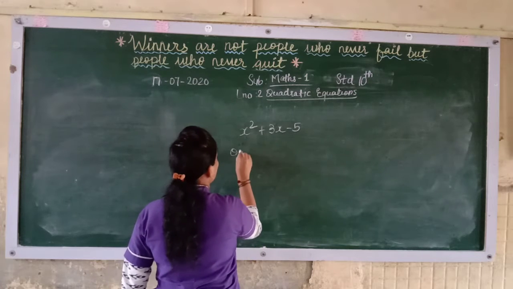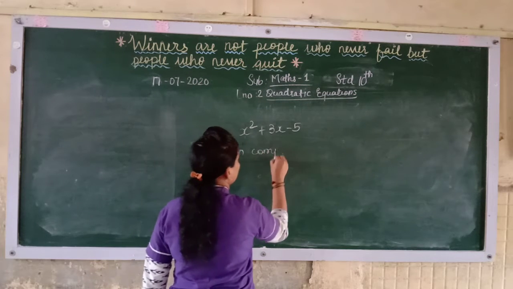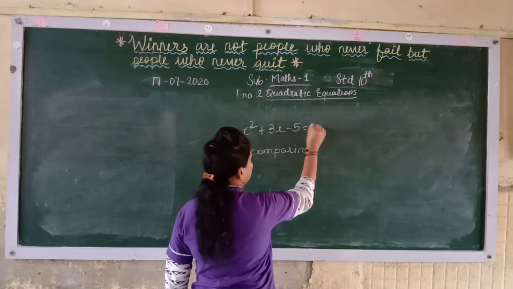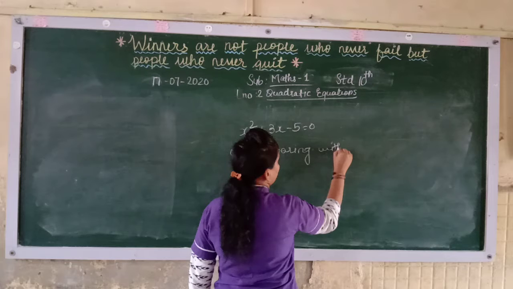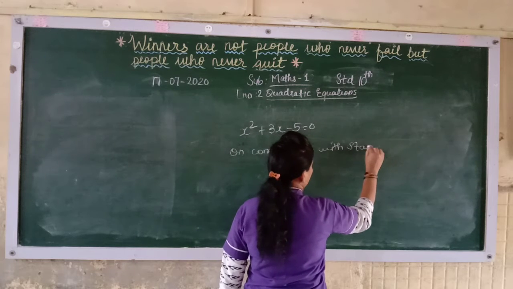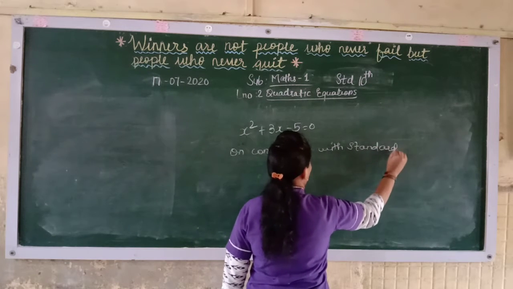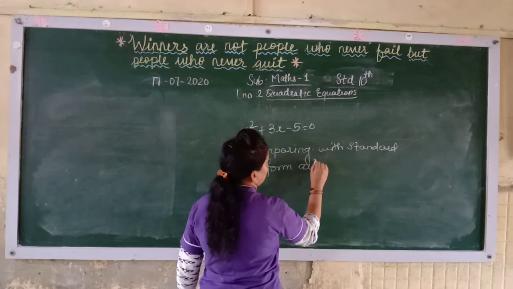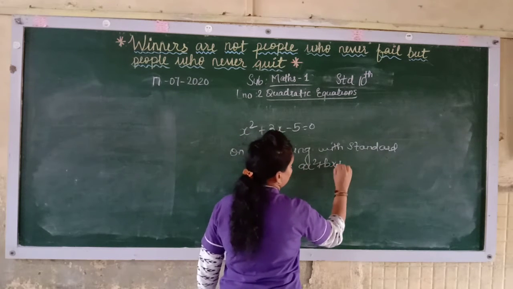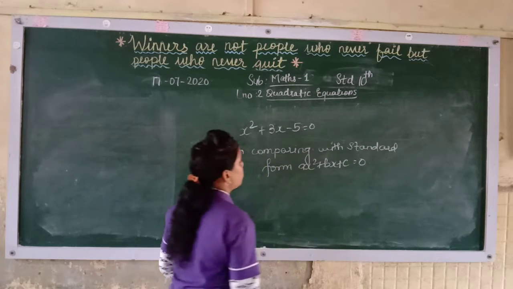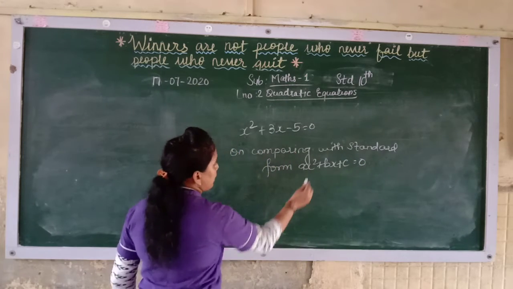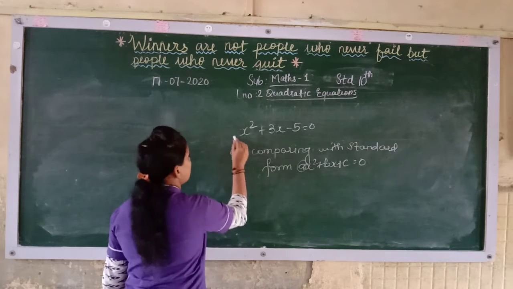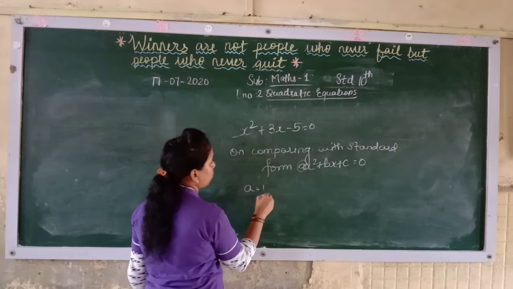On comparing with the standard form ax square plus bx plus c equal to 0, when you compare x square, here nothing is there, so a will be 1.